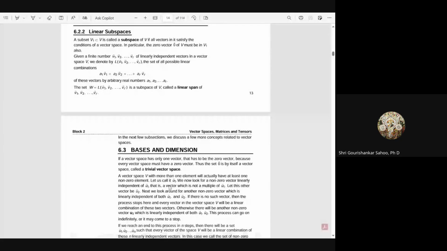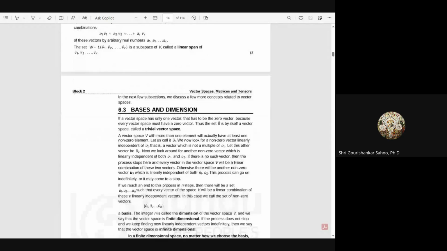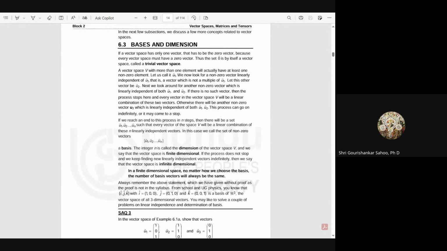Linear subspace: V1 is a subset of V, called a subspace of V, if all vectors in it satisfy the conditions of a vector space. So we can call the set of non-zero vectors u1, u2, and so on up to un a basis, and n is called the dimension of the vector space V, and the vector space is finite dimensional.